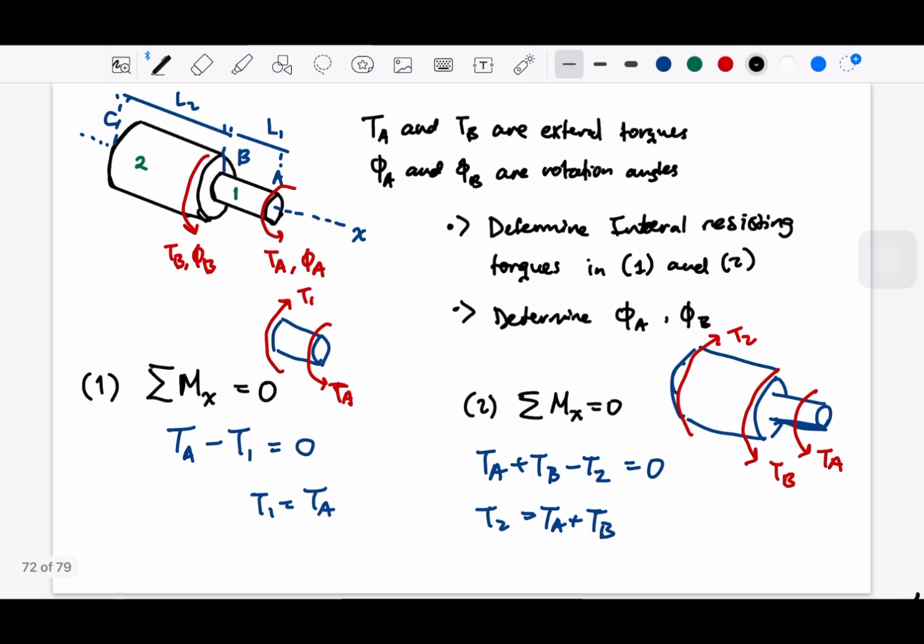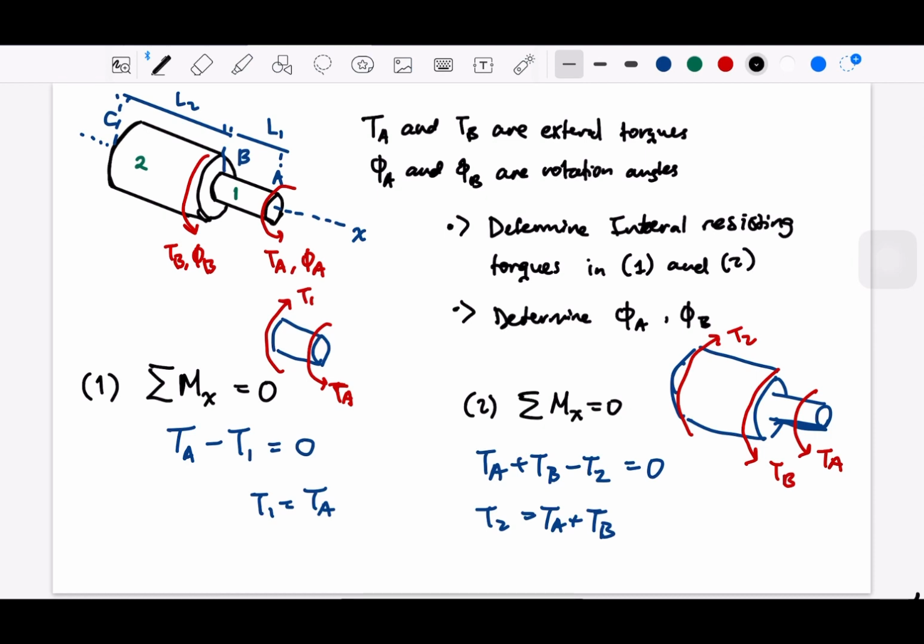So we have this case here. We determine the internal torques. As usual, we start with the free body diagram. We slice this part, and then we need to find, for example, if the external torques are TA and TB, as mentioned in the picture here.